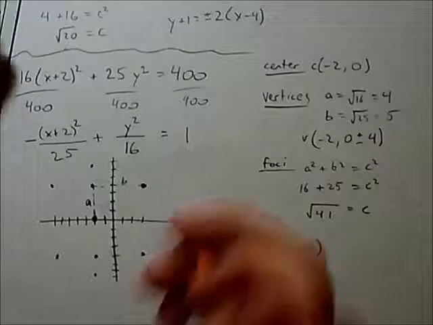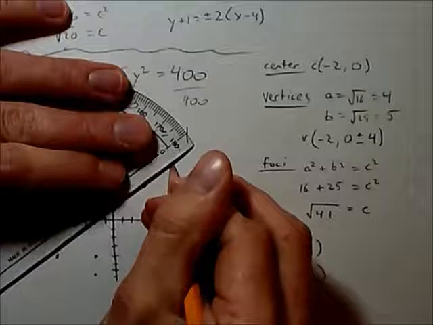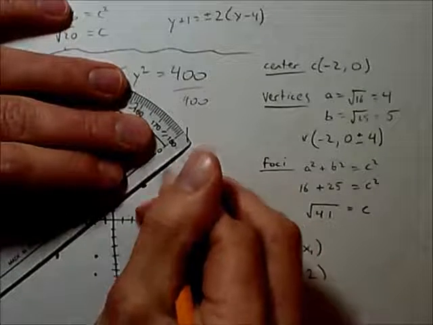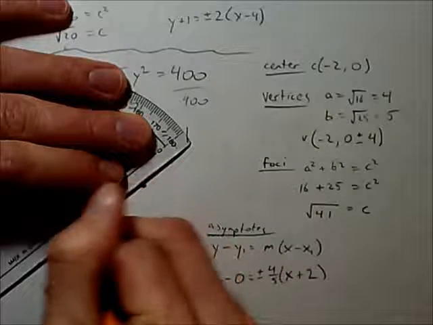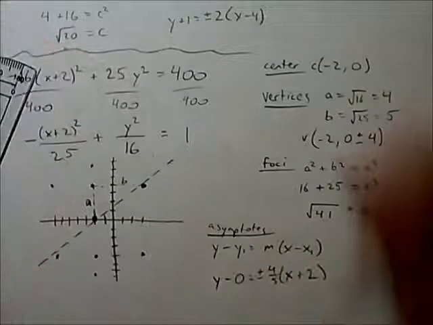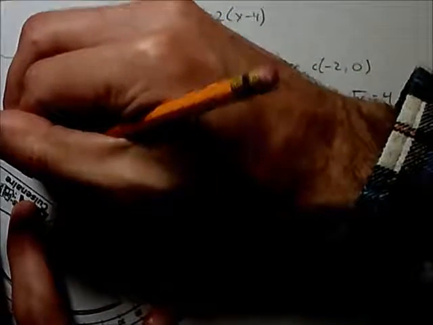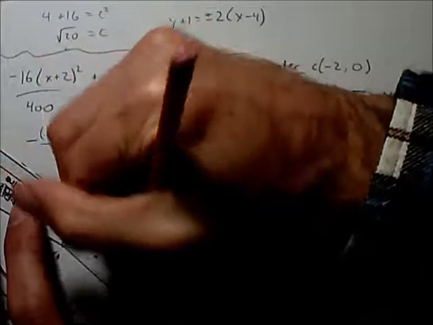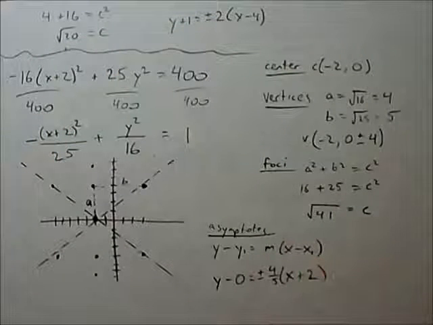Okay, so now I'm going to use a straight edge to put in these asymptotes. You can see I got a little offline there. And over here, same thing. Okay, there are my asymptotes.